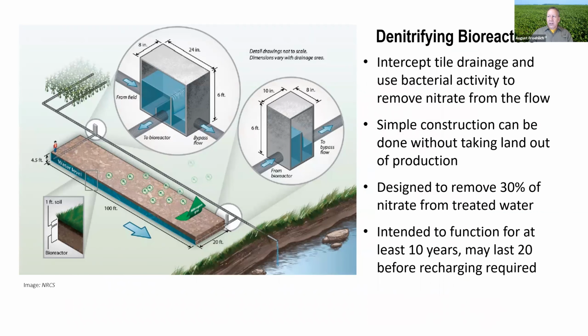Denitrifying bioreactors, I've come to think of them as like a big appliance that you attach to your tile drainage network. It's really pretty low tech when you think about what's involved. You put water control structures on two ends of it. You dig a big trench in the ground, not too deep, and line it, fill it up with fairly clean wood chips, and then cover it back up.